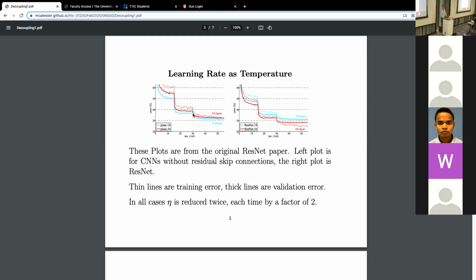The little squiggly lines are the training loss, and the solid lines are the validation loss, like the generalization loss. And this is 2 versions of the network. But the point I want to make on this slide is just that as you're training, you run at one temperature, then you drop the learning rate, then you run at another temperature, then you drop the learning rate, and you run at another temperature.